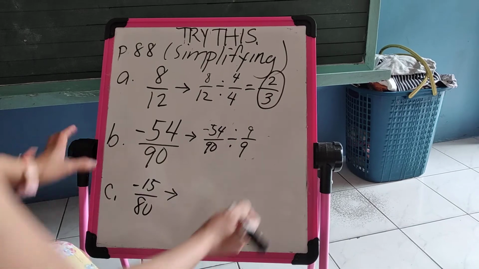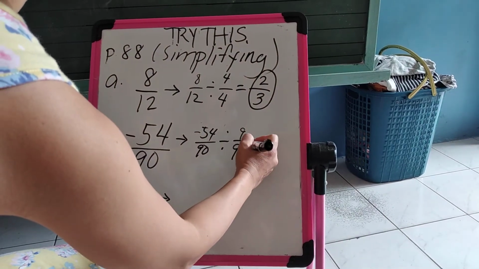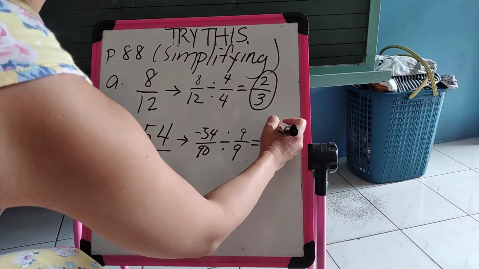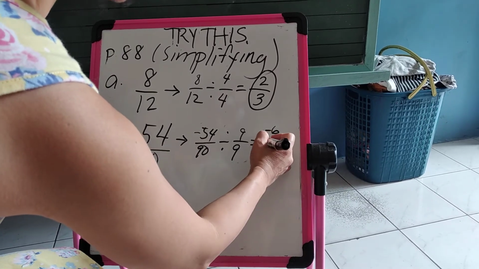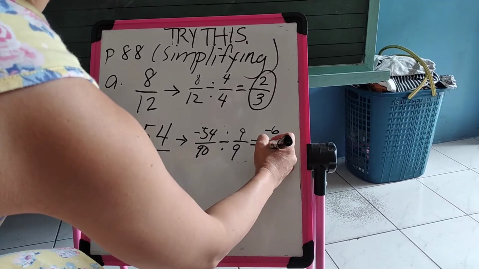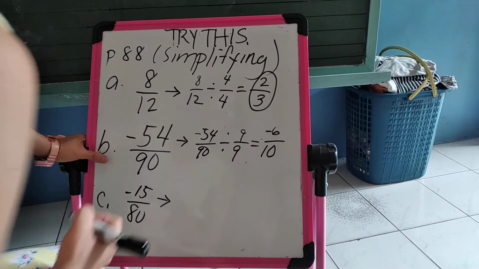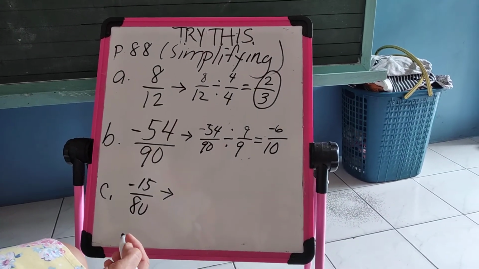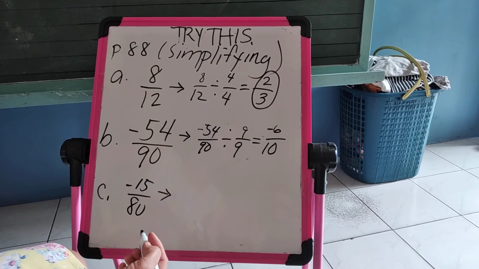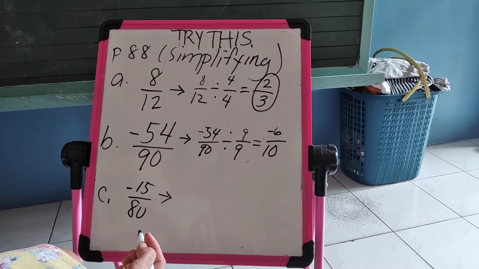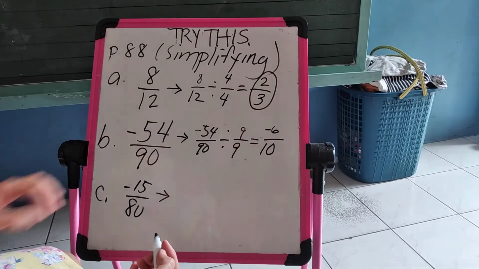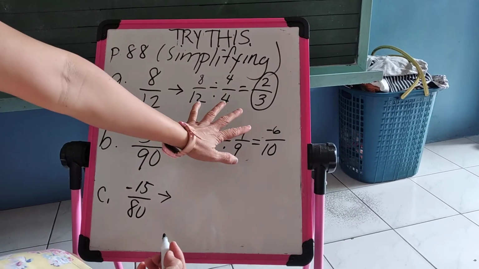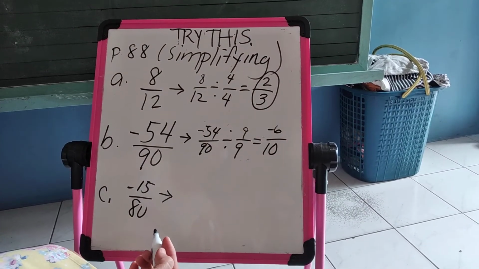So the answer now is negative 54 divided by 9 is negative 6, and 90 divided by 9 is 10. But if you notice, our answer is still not in simplest form, right? Because the number that we used is not the GCF.